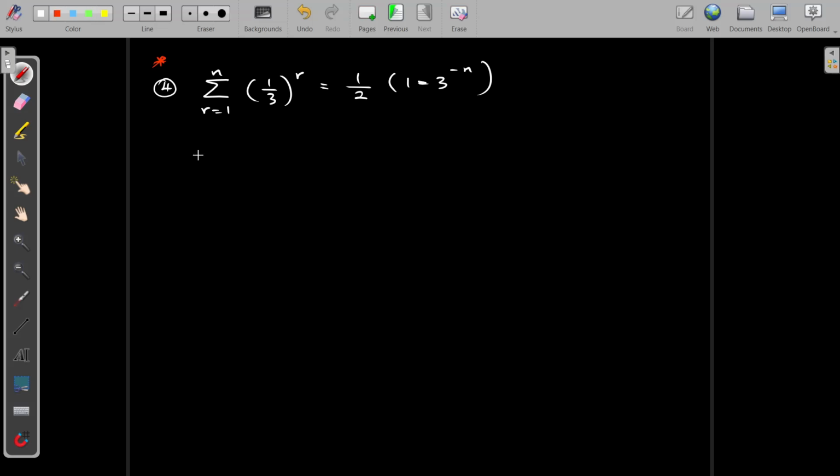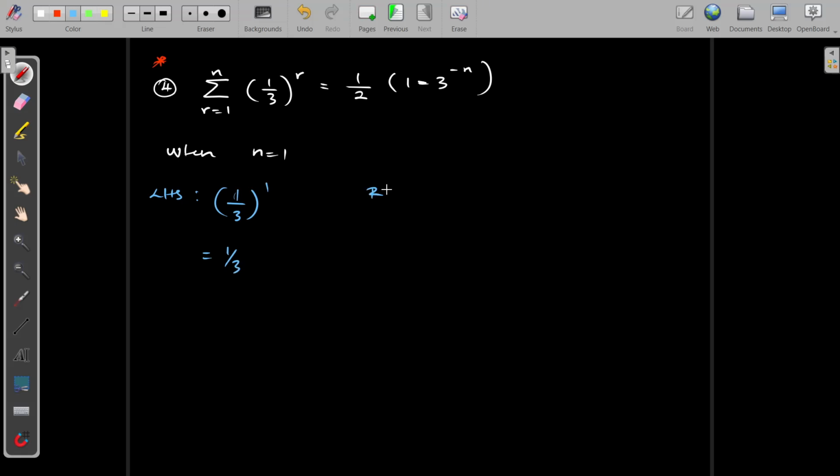When n is equal to 1, our left hand side will simply be 1 over 3, which is just 1 over 3.